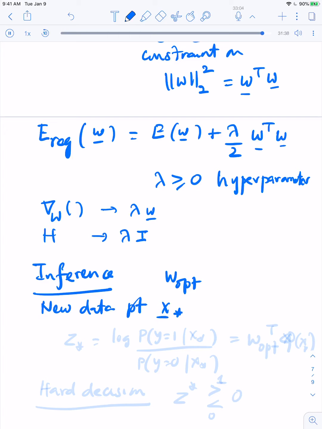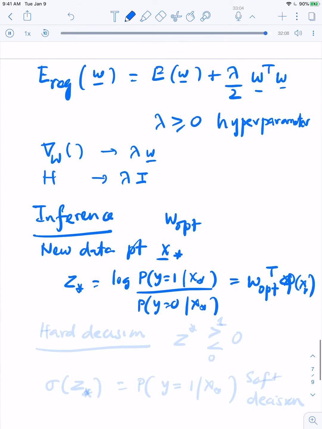So according to your model, the LLR z star, which is the log of the probability that Y equals 1 given X star over the probability that Y equals 0 given X star in the denominator, is equal to this w opt transpose that you've learned from your training times phi of X star, right? And so, remember that if z star is positive, then the probability of Y equals 1 is bigger, and if z star is negative, then the probability of Y equals 0 is bigger, right?